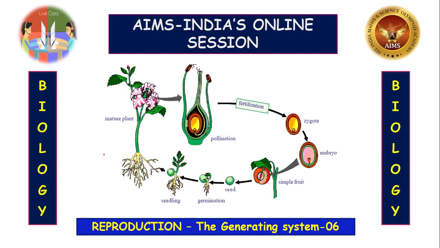So if you take the flower, how can you define a flower? The flower is the reproductive shoot. It is the main part. It is a modified reproductive shoot, and the flower consists of 4 main parts.